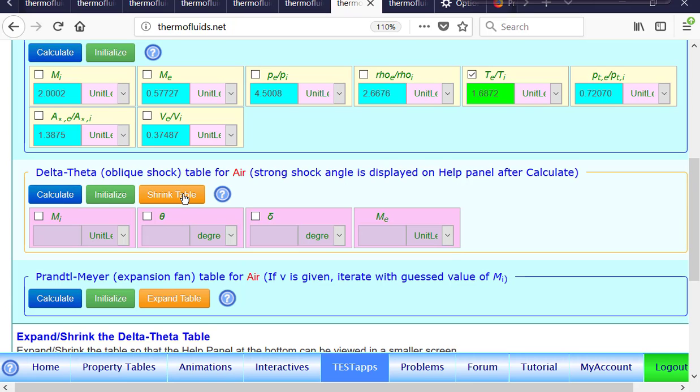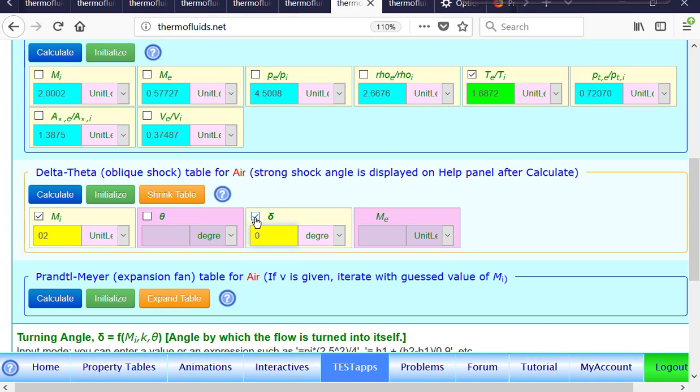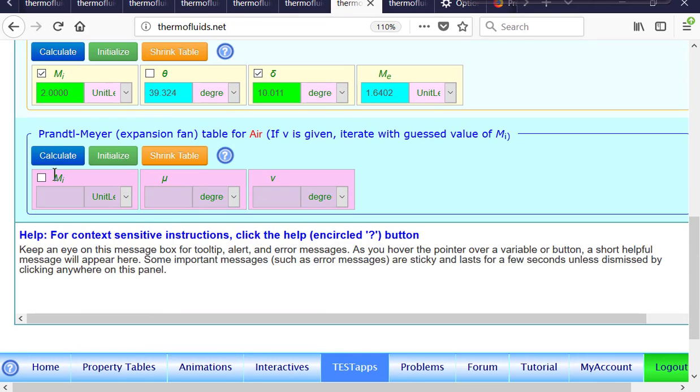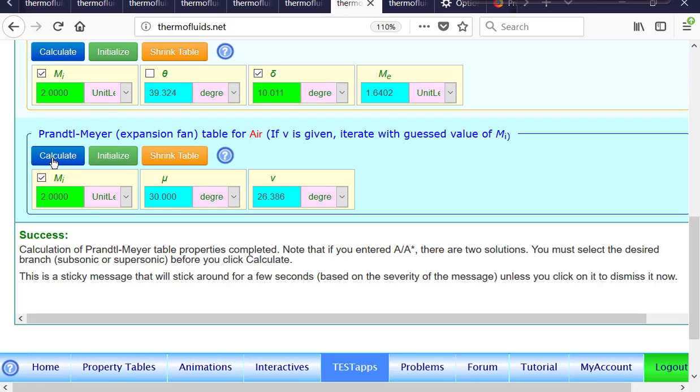If you expand the table, suppose again we have a Mach number of 2 coming in and the flow is turned by an angle, let's say 10 degrees, then you can calculate what theta, the oblique shock angle, should be. For the Prandtl-Meyer expansion table, similarly, suppose Mach number is again 2, and we'll calculate mu and nu, the two angles necessary to understand the expansion fan.